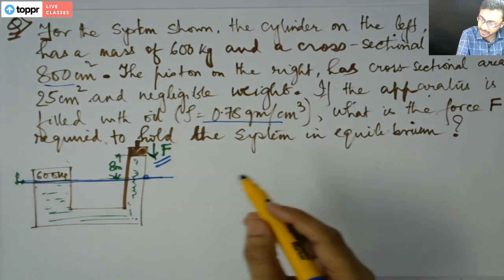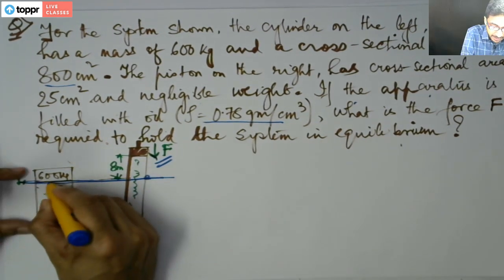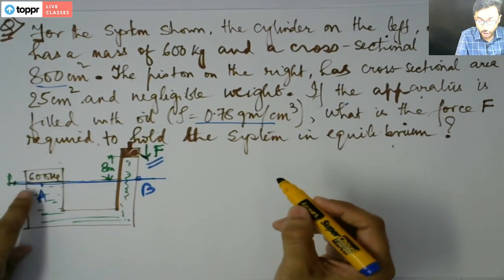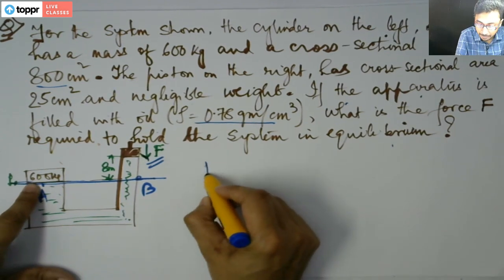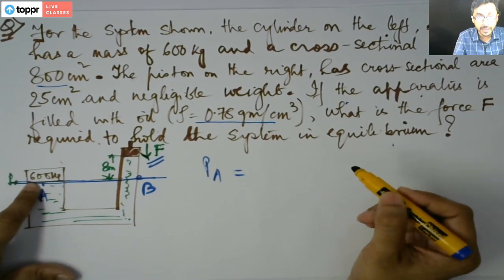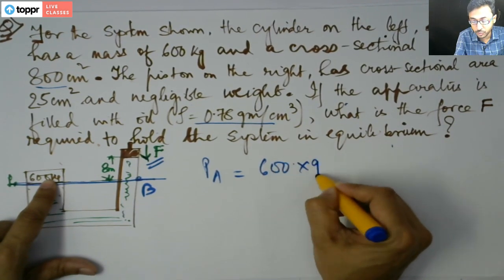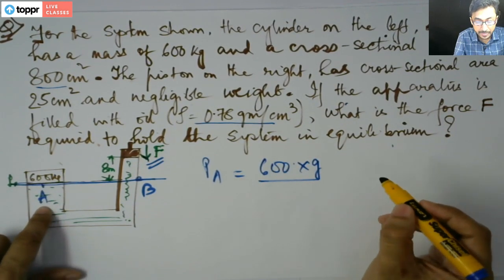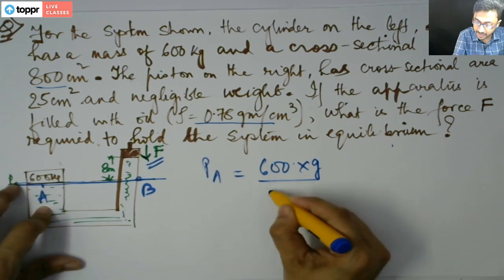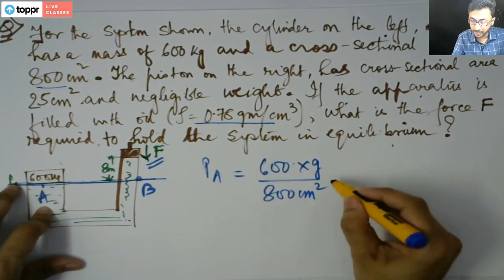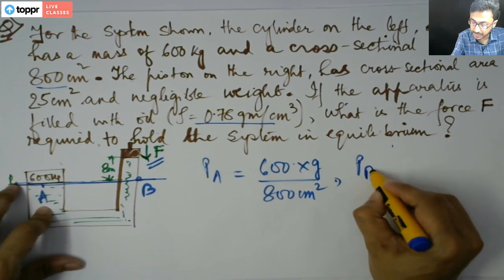We'll do the same thing. Let this be A and let this be B. Pressure at A is what? That is the weight of this 600 kg, mg, divided by this area, 800 centimeters squared.